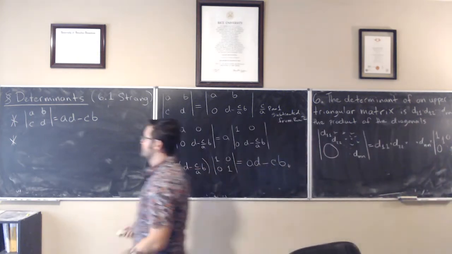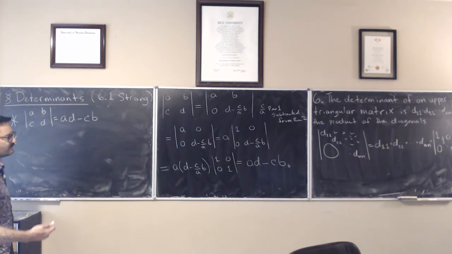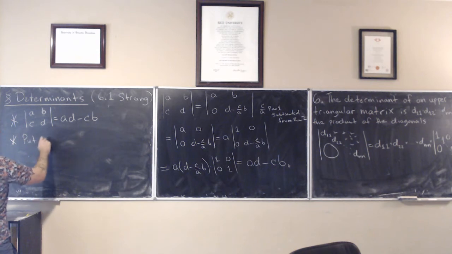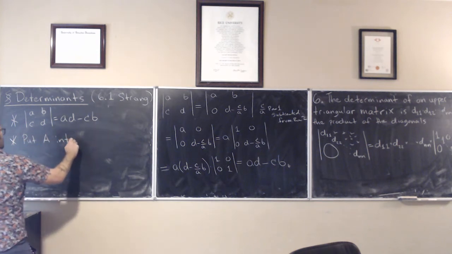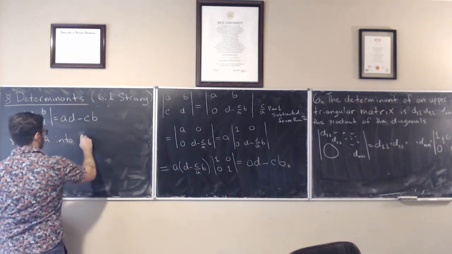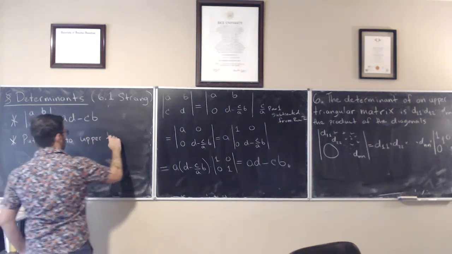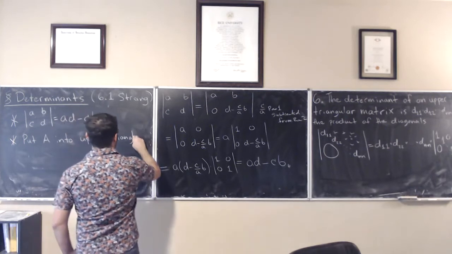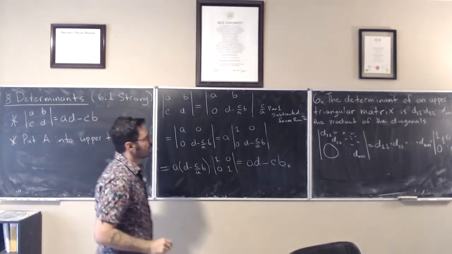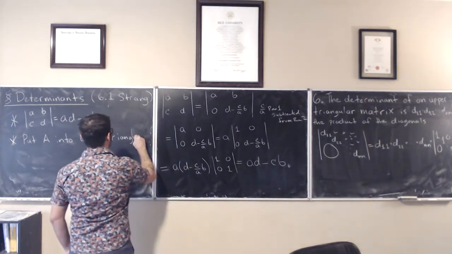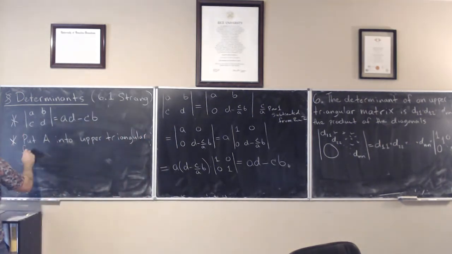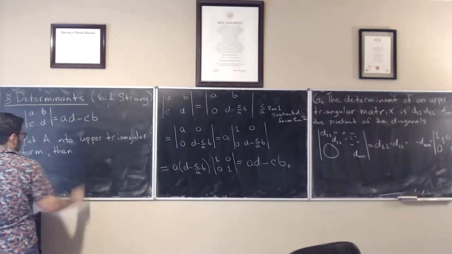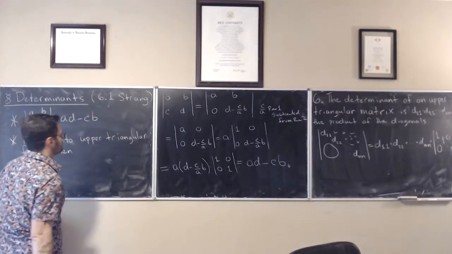The steps to compute the determinant for any reasonable algorithm is to change A, put A into upper triangular form. Then take the product of the diagonals.